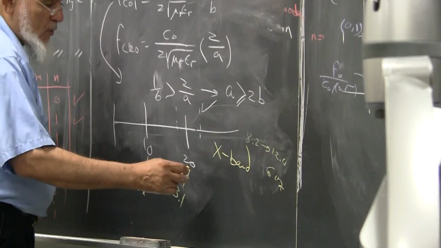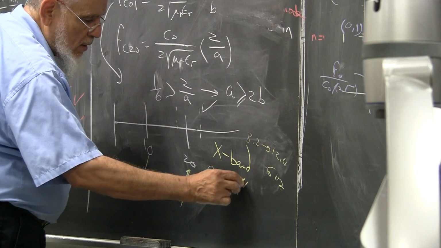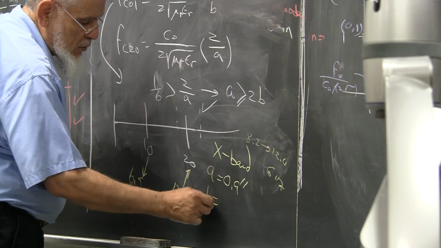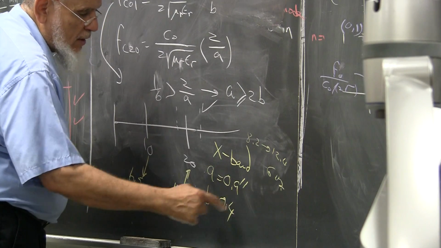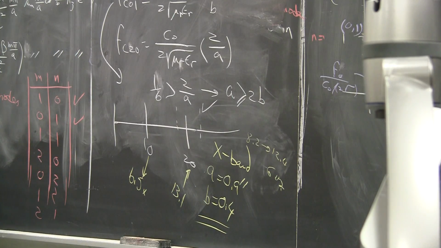And what we do is we choose a as 0.9 inches and b as 0.4 inches. You can see it's greater than. That's the standard waveguide, the one that you'll be working with in the lab. In fact, a is equal to 2.25 b.